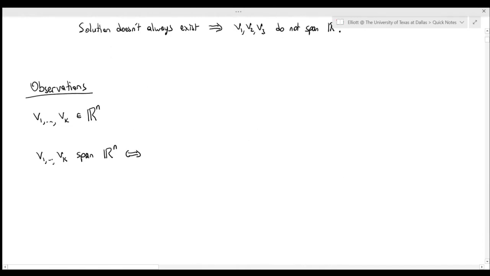All right, so if I take these vectors and put them into a matrix as columns, so v1 being the first column and so forth, vk being the last column, then we can say that these vectors will span Rn if and only if the equation Ax equals b has a solution for every vector b.